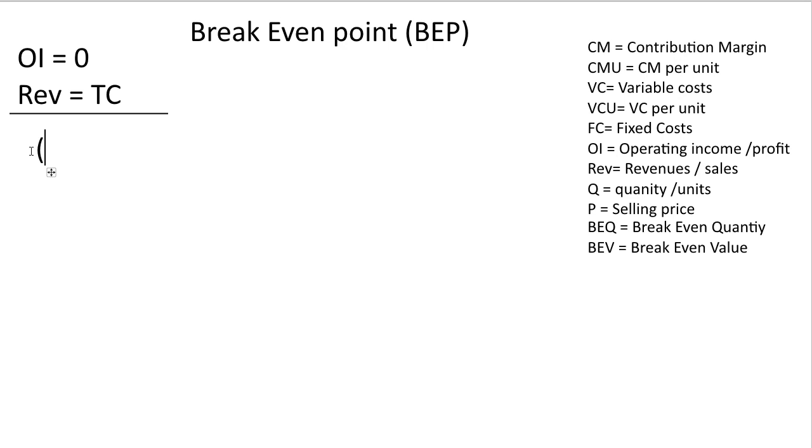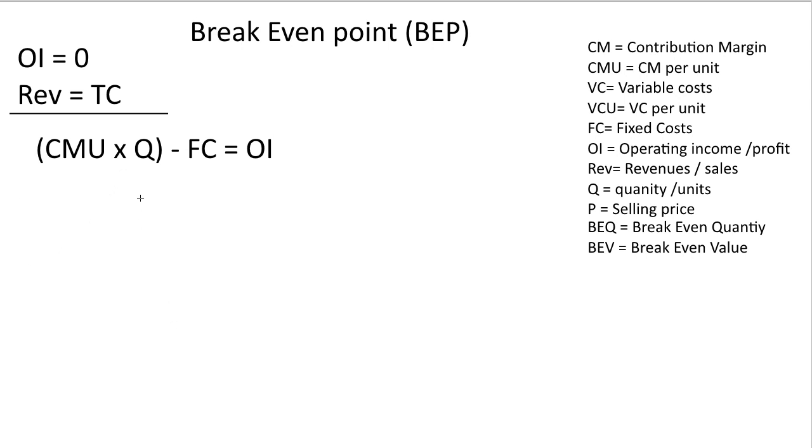First, we have to go back to our original equation to calculate operating income. This can be done by contribution margin per unit times quantity of units sold minus your fixed costs equals your operating income. Now, we want to do some different things here, actually.